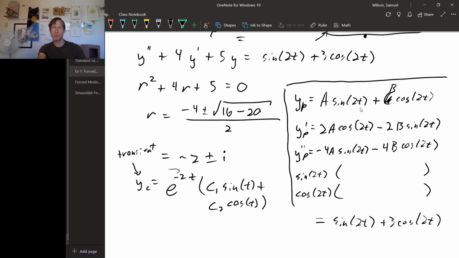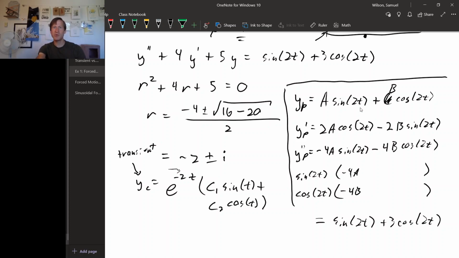Okay, so from y double prime right here, for sine, it contributes a minus 4a, and for cosine, it contributes a minus 4b.